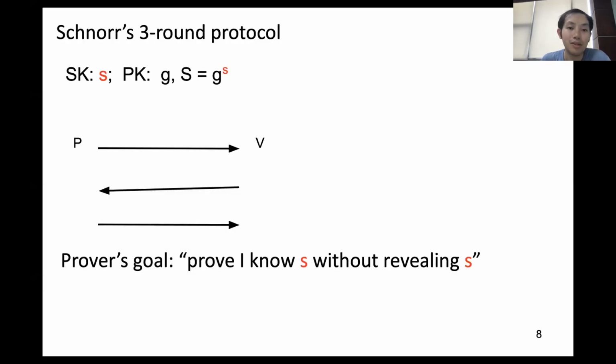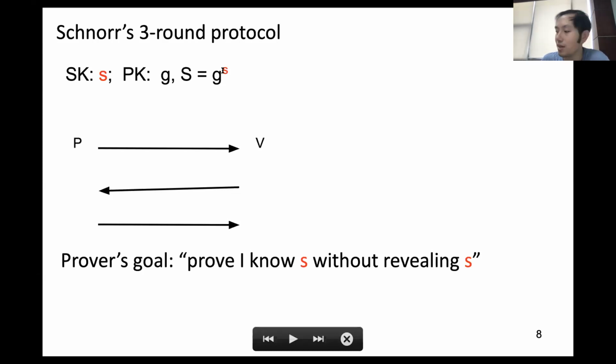So let's see how Fiat-Shamir works on Schnorr's three-round protocol. What is Schnorr's three-round protocol? You can think about it as the prover trying to prove that I know a secret S, and the secret is in the exponent of some discrete log instance.